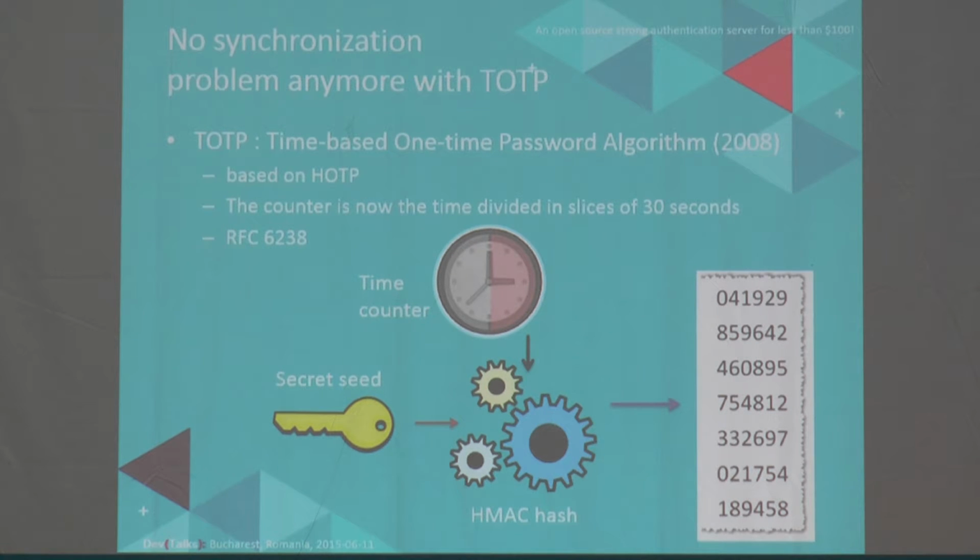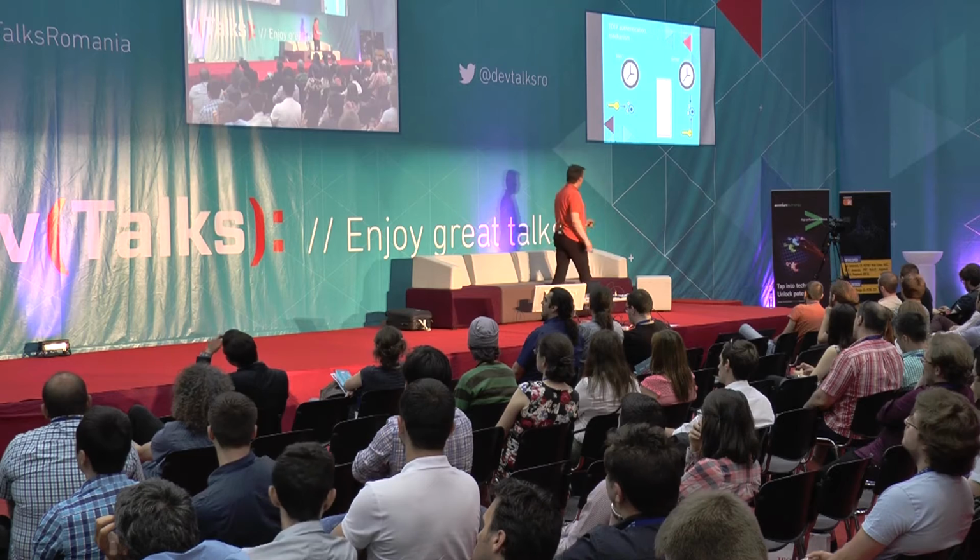We just divide the time. We take the time, we make Unix time, because yeah, we are developers, so we make Unix time. We divide by 30, and this is the counter that we use. So every 30 seconds, a new code is generated. But the algorithm is exactly the same, which is nice when you make a library, because you can just call the same code to encrypt that.